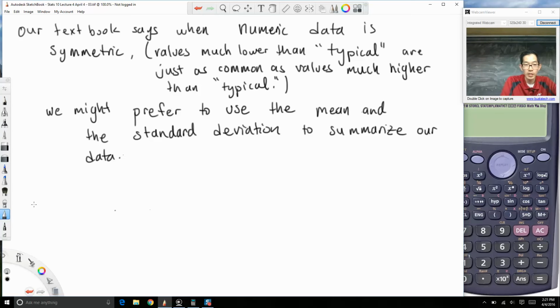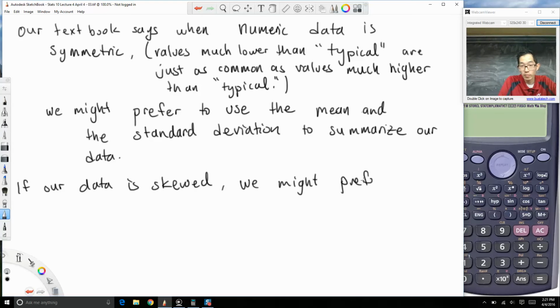And if our data is skewed, we might prefer to use the median and IQR.